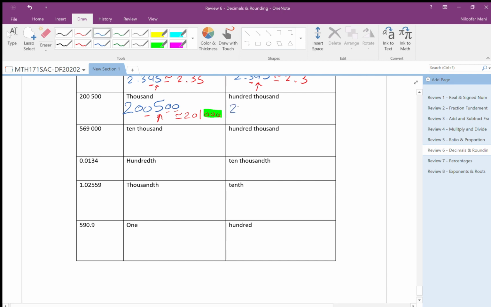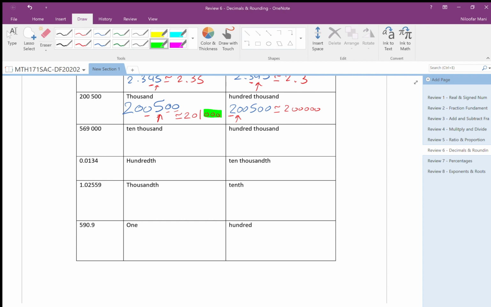2 0 0 5 0 0. So the first one is 1, the second one is 10, 100, 1000, 10,000, 100,000. So you underline this guy and you check the next guy. So it is 200,000.